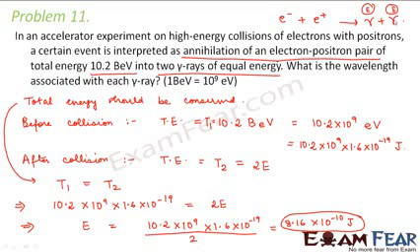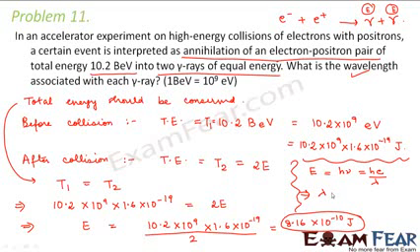What is E? E is the energy of each gamma ray. We have to calculate the wavelength associated with each gamma ray. So how do we calculate the wavelength? Let us do it here. If this E is the energy associated, so this energy is equal to h nu and this is equal to hc by lambda.